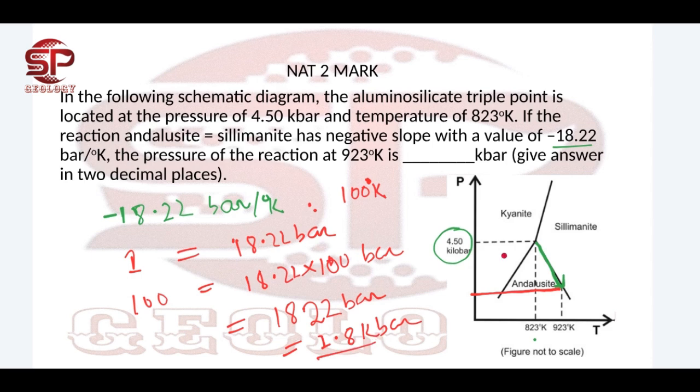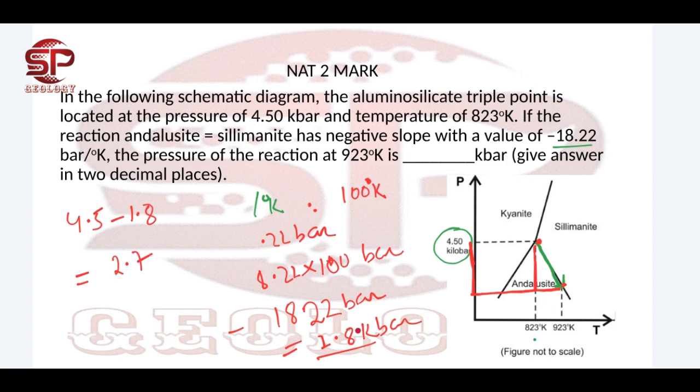Then from this point to this point, the pressure decreases by 1.8 kilobar. The initial pressure is 4.50 kilobar. From this it decreases by 1.8 kilobar, so I just subtract: 4.5 minus 1.822 kilobar.